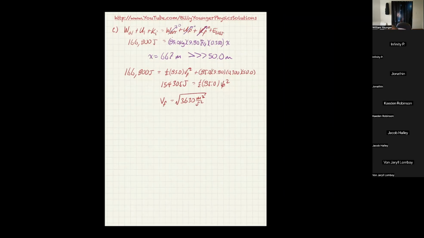Now I'm going to take the square root of that, and that gives me about 60.2, and that's 60.255 meters per second. So that's how fast it's going at the end of the friction part.